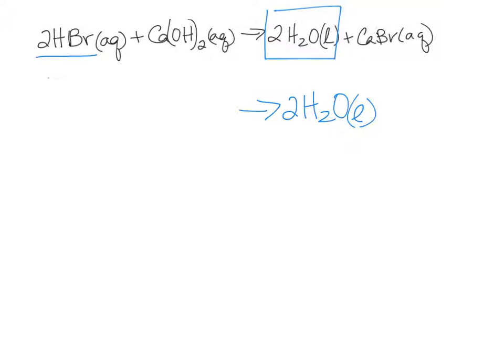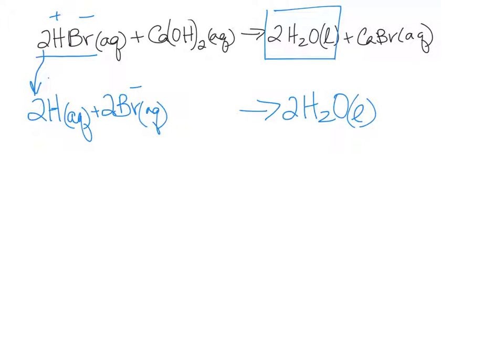Looking at hydrogen bromide, hydrogen is the positive ion and bromine is the negative ion. So I'm going to take the hydrogen out, and you can see that I'm going to bring down the coefficient for the hydrogen, and that's aqueous, plus the bromine, and again there's 2 bromine, so I need to bring down that 2 again, and that's aqueous.